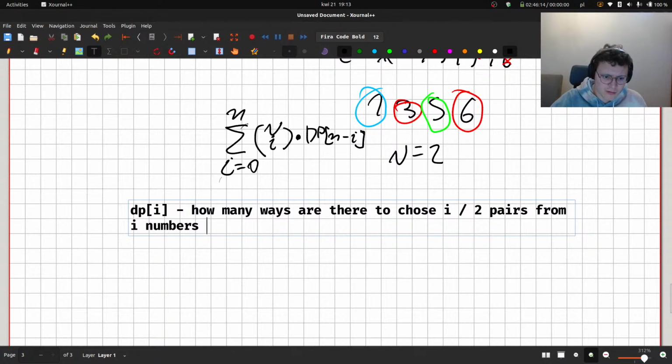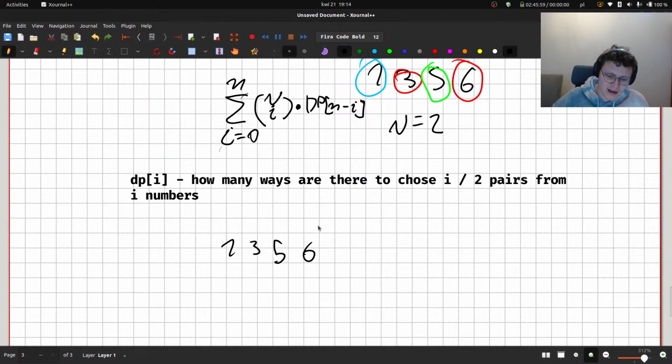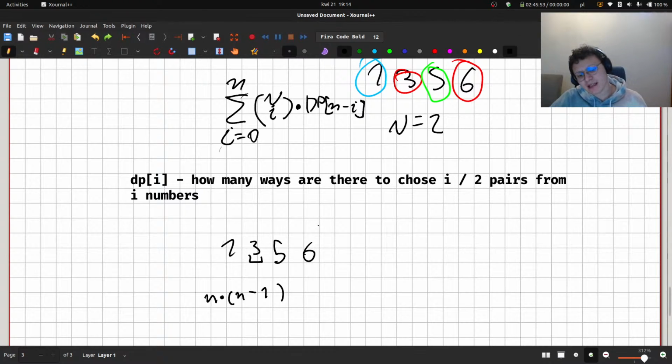Well, when we have our sequence, let's say it's 1, 3, 5, 6, then we can notice that we can choose the first pair in like n times n minus 1 ways, right? So we just choose 2 numbers.